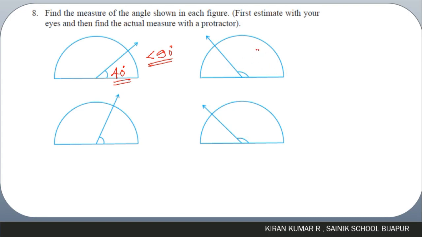Here it is an angle greater than 90 degree, maybe around 120. You need to actually measure it. On measuring, you'll come to know 130 degrees is the measure. Here it's acute angle. This one is obtuse angle. You need to check it out using protractor. I want you to check it out from measuring on the textbook.